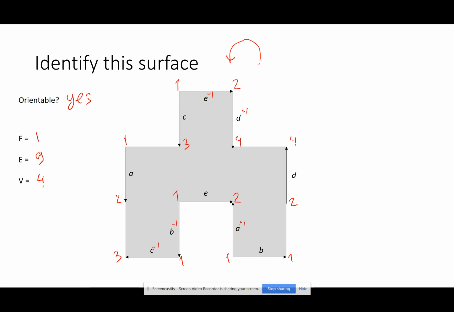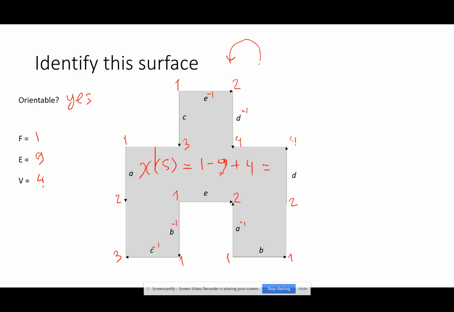Okay, so now the faces, edges, and vertices have been counted. The next part, oh yeah, from here, we know that the Euler characteristic of the surface S is going to be 1 minus 9 plus 4.